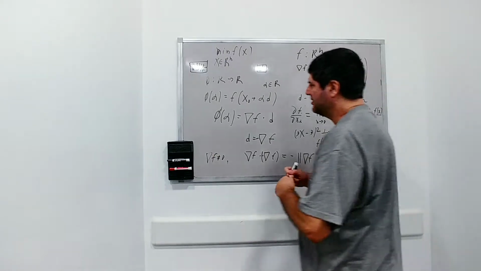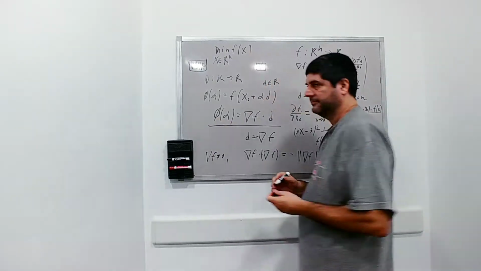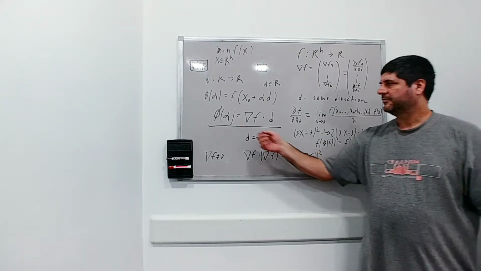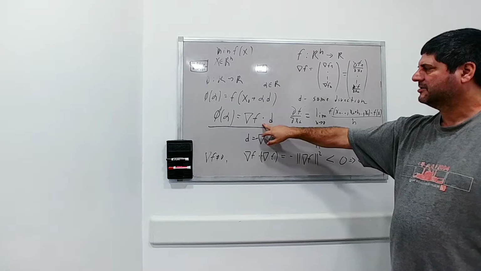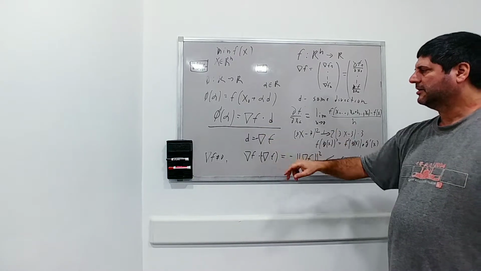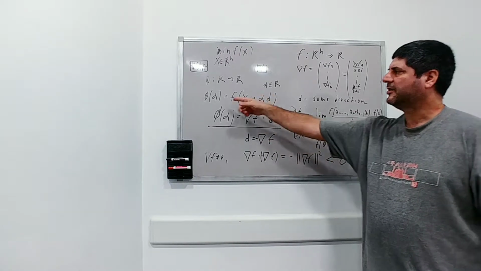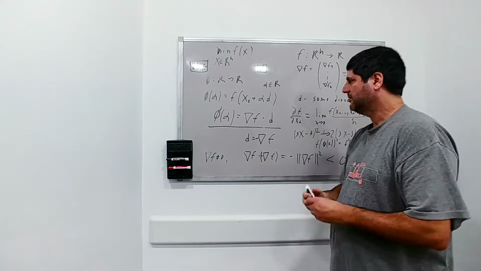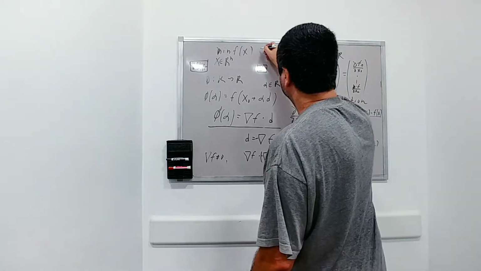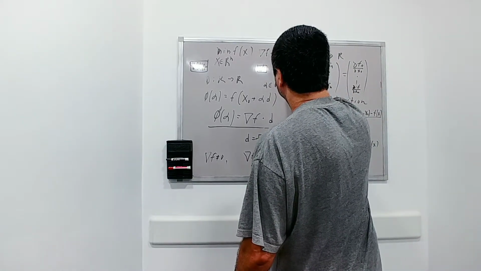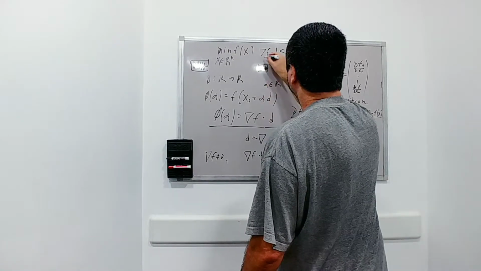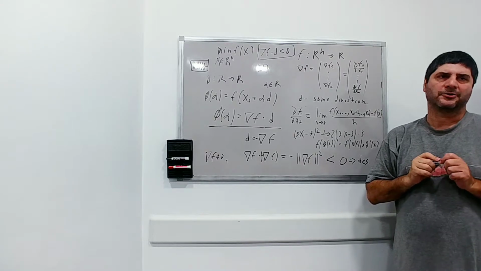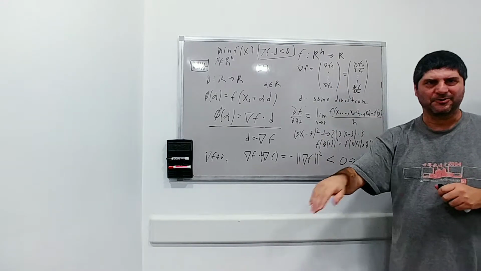So that's the derivative of this function. Now, if this is not zero, then in order for the function to go down, the derivative should be negative, right? So here's our first condition. This is a condition for a descent direction, a direction in which we're going down.